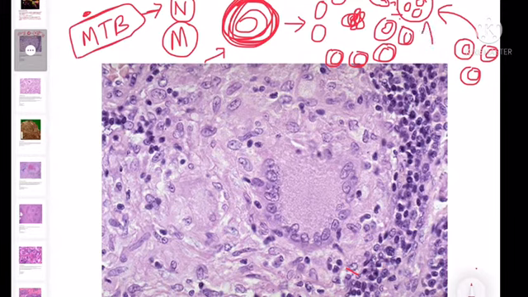So giant cell is a bigger cell with multiple nuclei. Depending upon the arrangement of the nuclei, we can call Langerhans giant cell and foreign body giant cell.